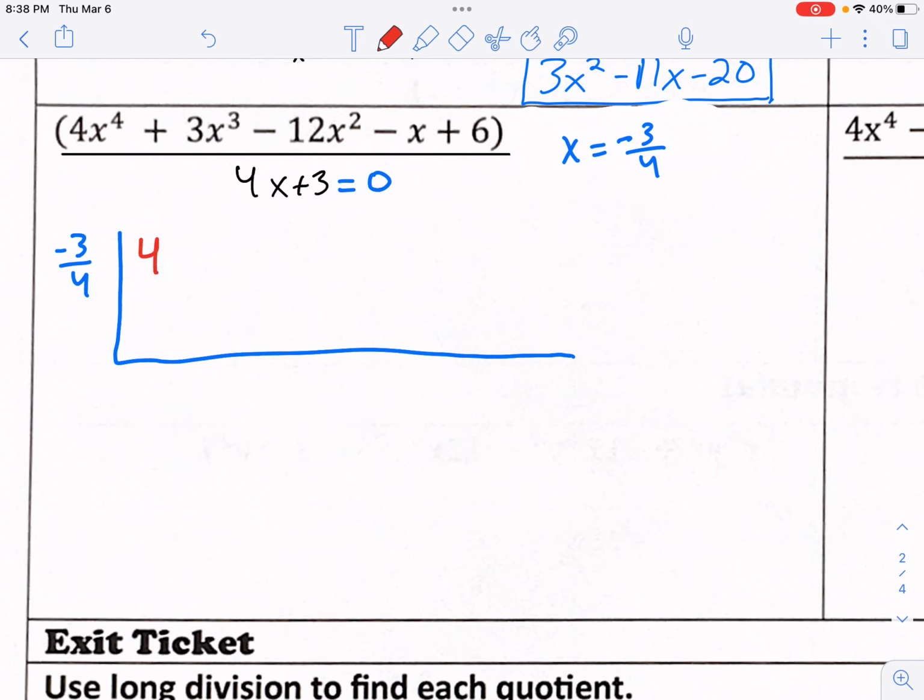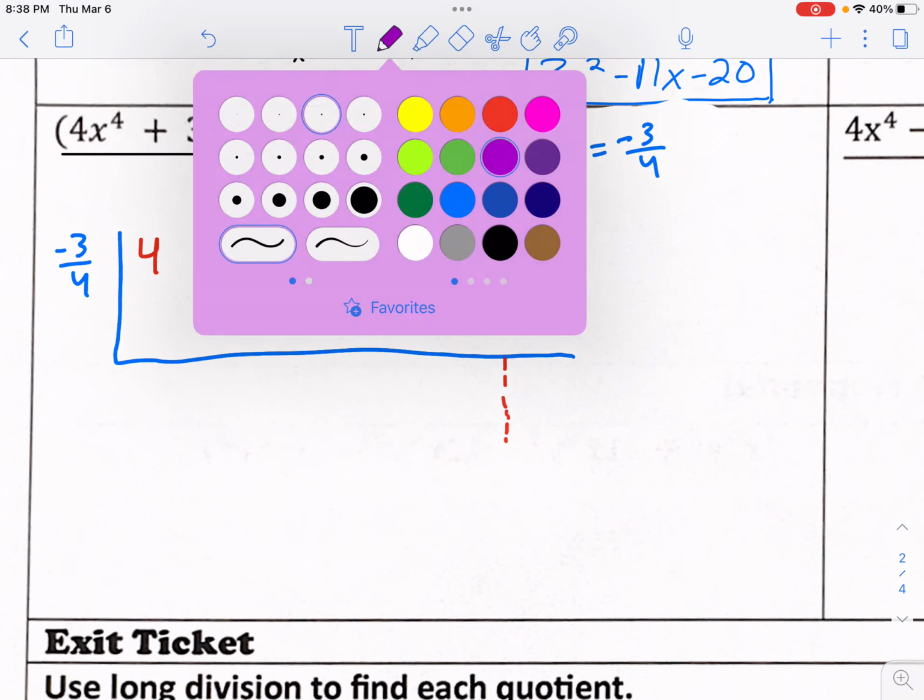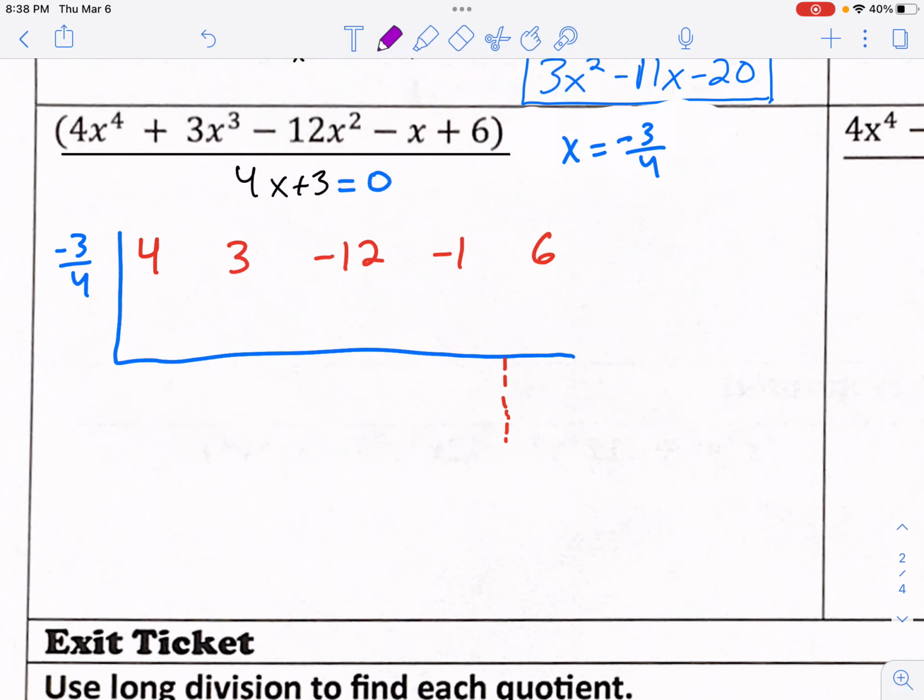All right: 4, 3, negative 12, negative 1, 6, and then I put this dashed line for the last one. Let's do the process again. It's going to be the exact same setup. Really fast, double check, are any of my terms missing? Fourth power, third power, second power, first power, my constant.